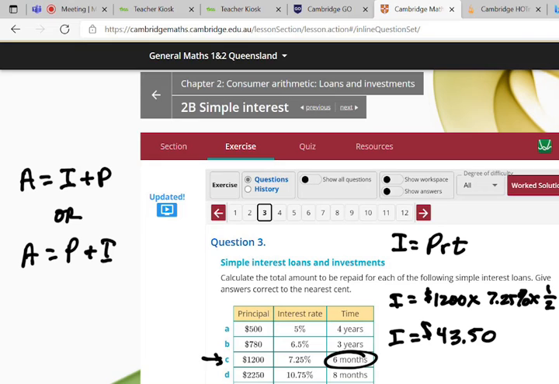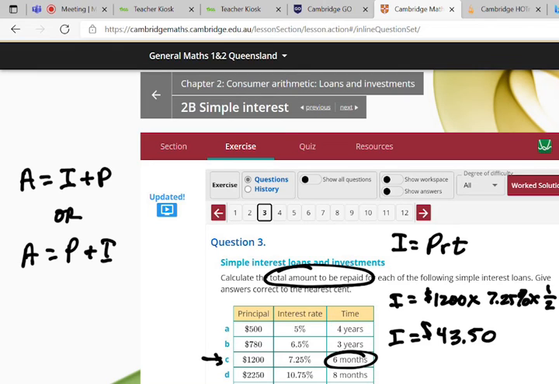Good. All right. Now, in this particular question, they're not asking just for the interest. They want to know the total amount to be repaid. And you're going to pay the interest, but you're also going to have to pay back the principal as well, right? So we're going to take that principal and add it to the interest.